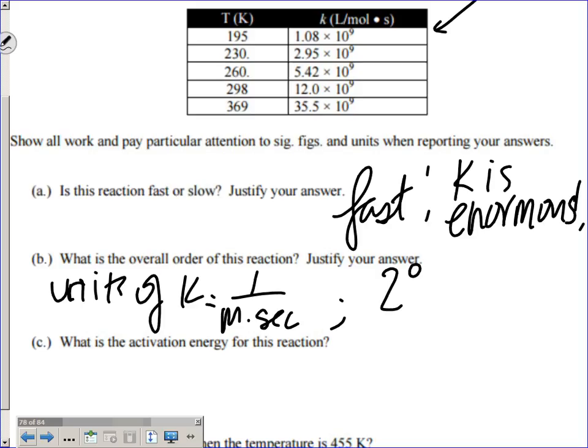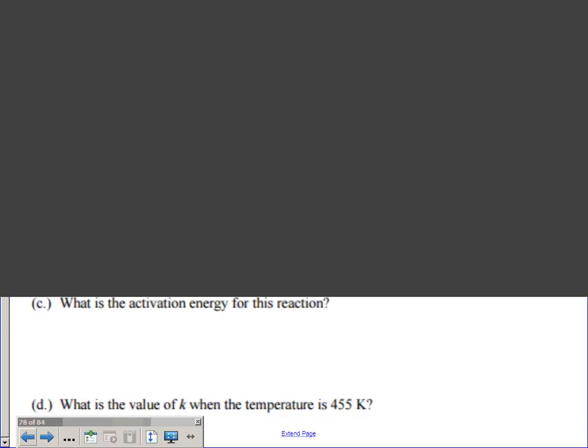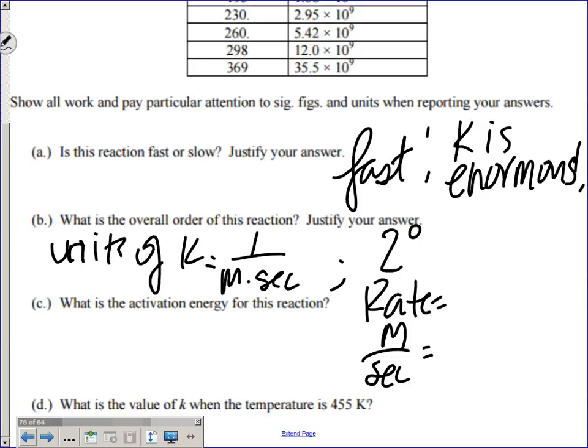Go for it, AJ. So the units of rate is molarity over seconds. Rate is molarity over second. Molarity squared. So it depends on using molarity on the bottom. Right.